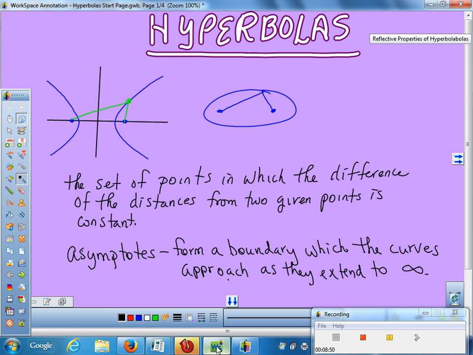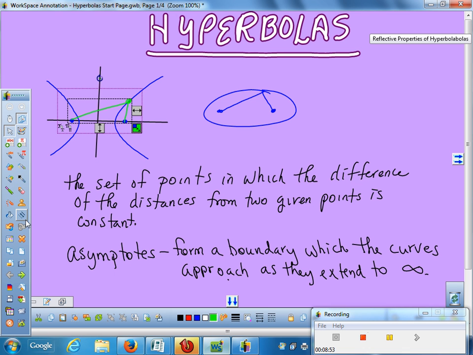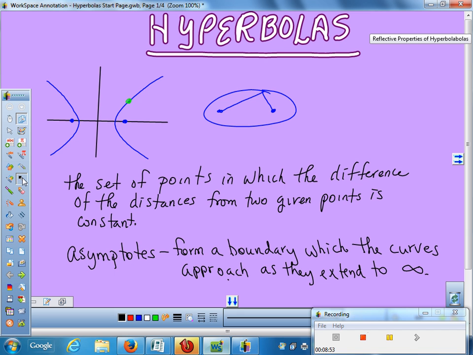So let us draw a picture here for those out in video land. If I am on the inside of the hyperbola, I'm shooting toward this focus over here, but I hit the branch of the hyperbola first.